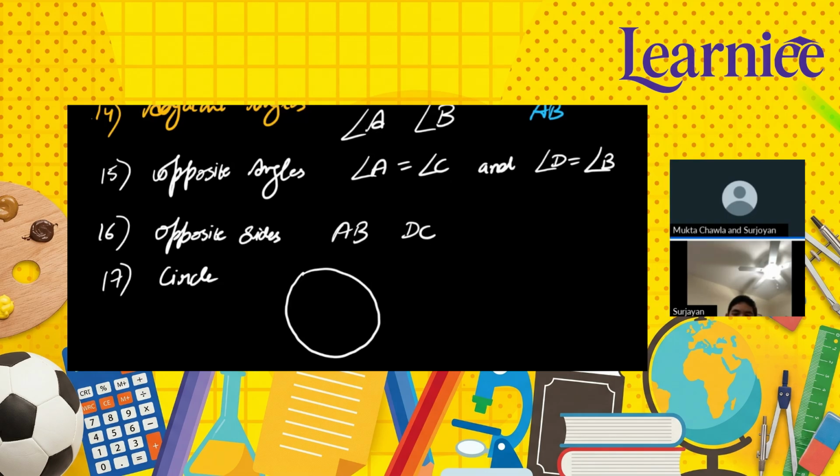What else is there? You can go through the book and tell me. Are there any other things in the circle that need to be discussed? In a circle you can find the circumference, the perimeter around the circle, or the area.